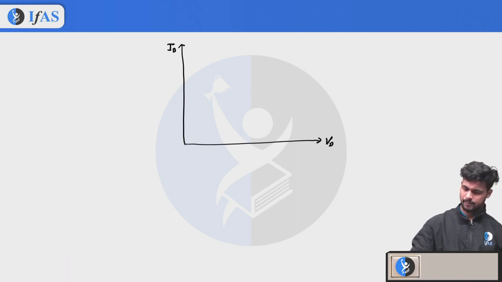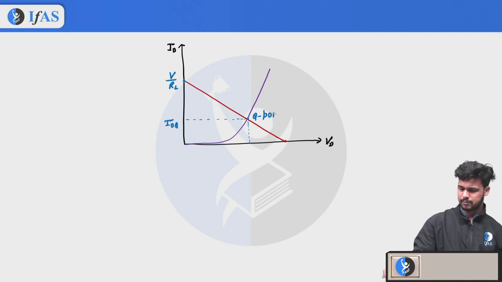Now, so this is the Q point, this is the VDQ. Okay, and this is the V.